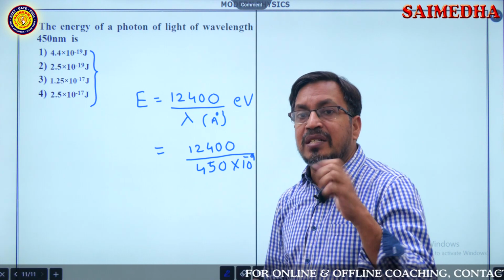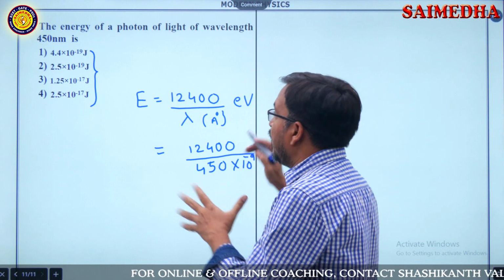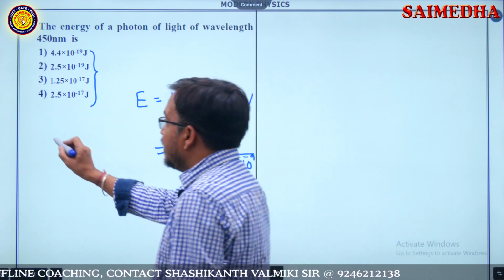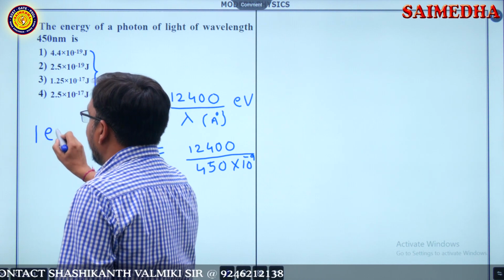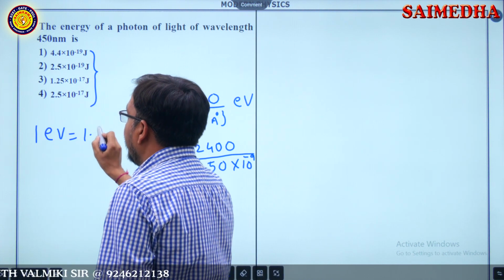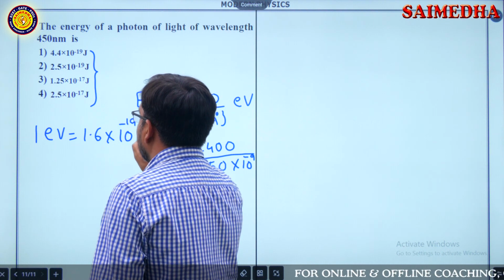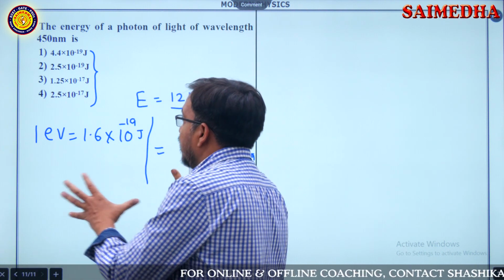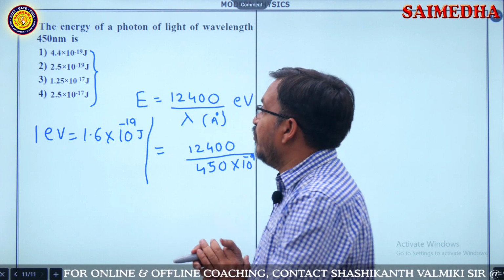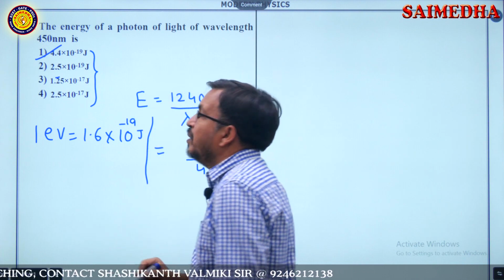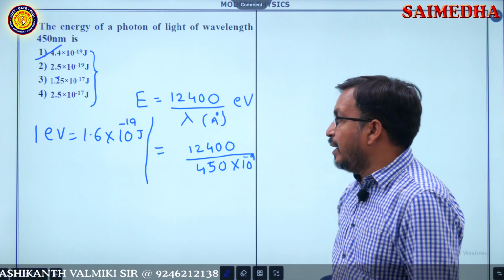Since the wavelength is given in nanometers, if you convert it into angstroms, the energy comes in electron volts, but it is asking in joules. We know the relation between joules and electron volt: 1 electron volt equals 1.6 into 10 power minus 19 joules. Using these two concepts, if we simplify, the answer is 4.4 into 10 power minus 19 joules.